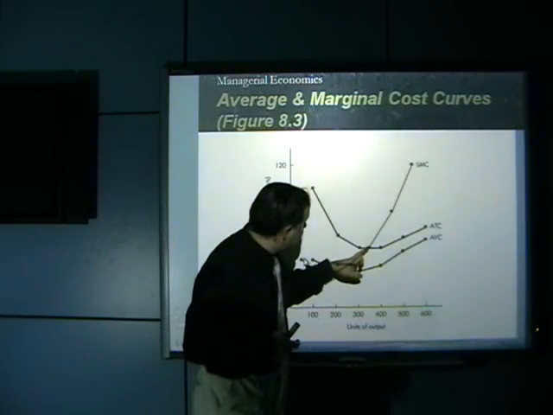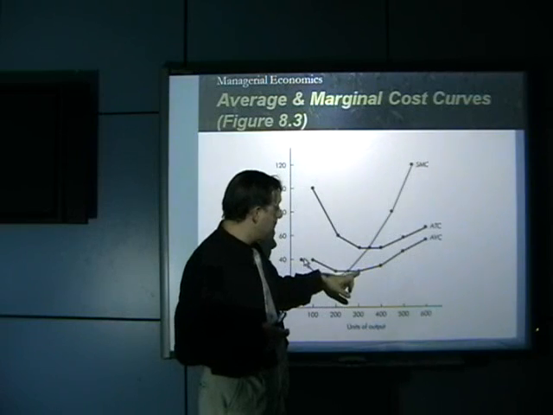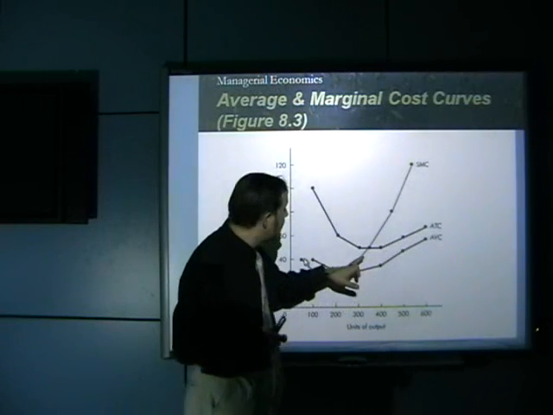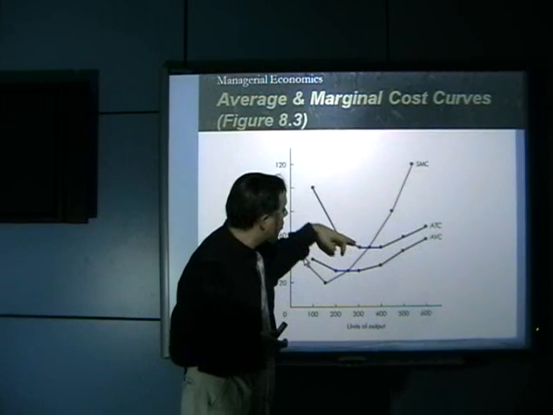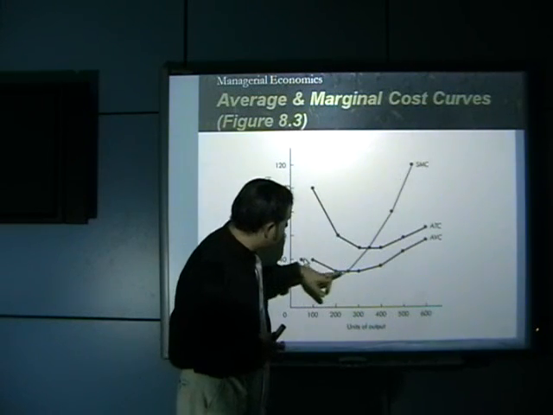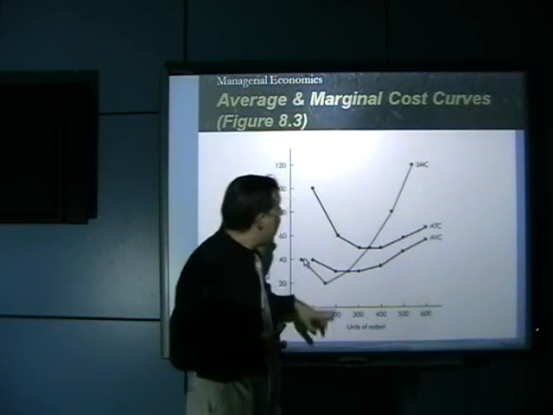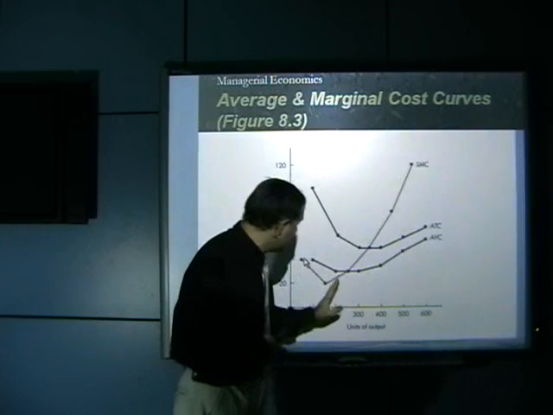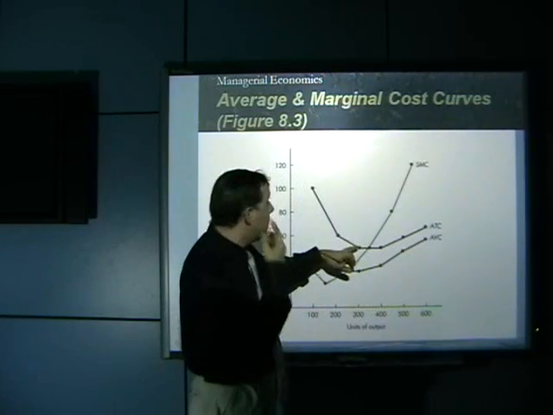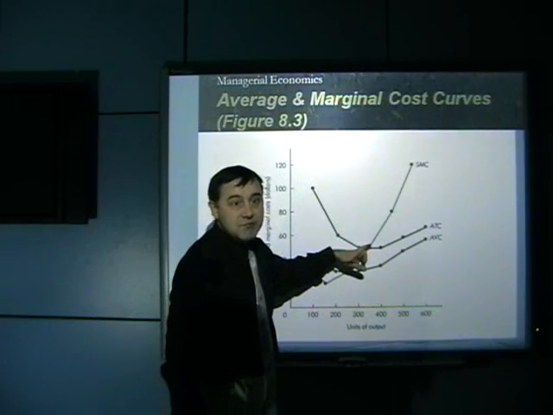Now, when it's here, it is above the average variable cost, it's pulling it higher, but it's below the average total cost, it's pulling it lower. All right? So, it crosses the average variable cost at its minimum, and then a little later, meaning a little higher quantity, it is crossing the average total cost at its minimum.